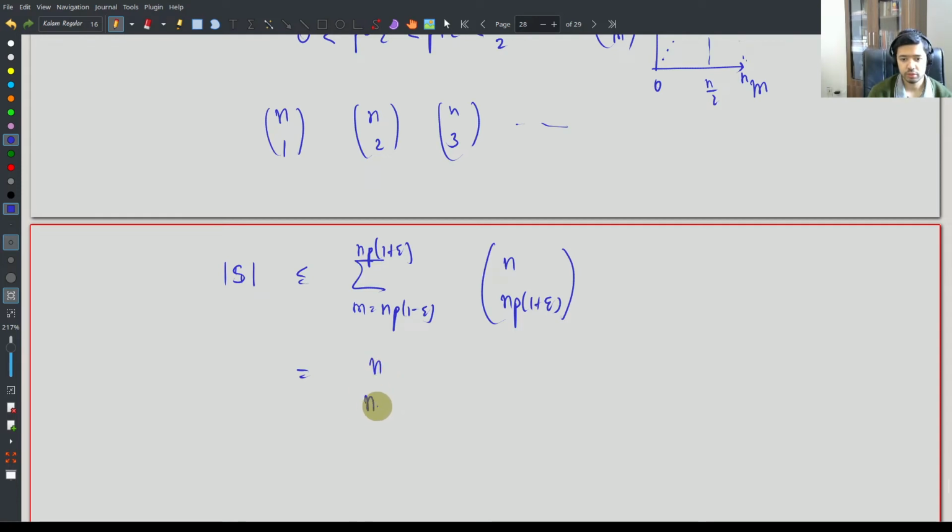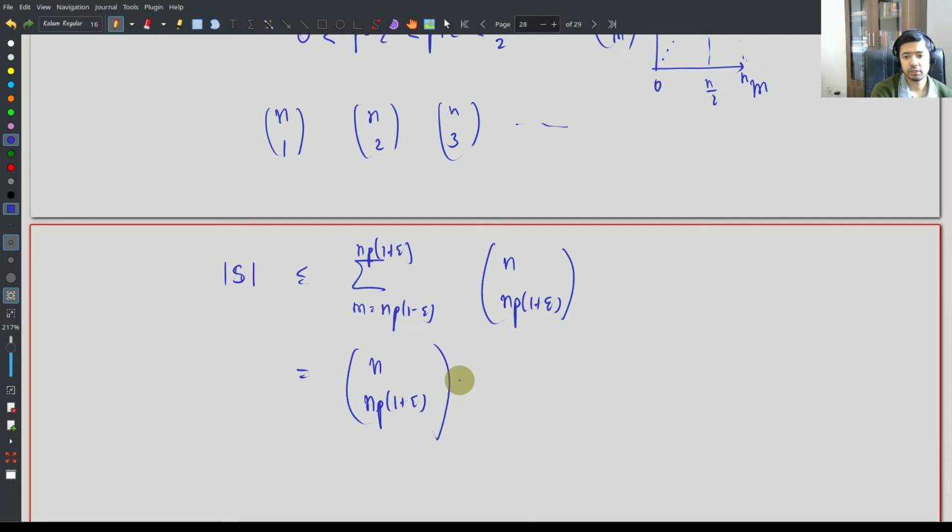N choose np(1 + epsilon), because this is now independent of m. But how many terms are there in the summation? Around 2 epsilon times np.